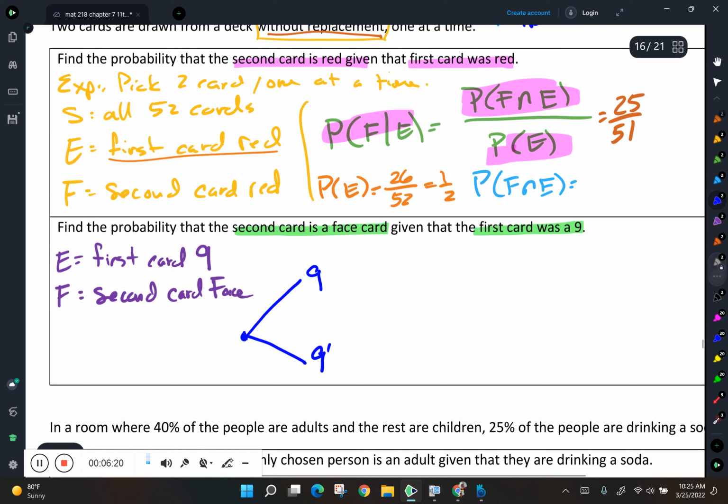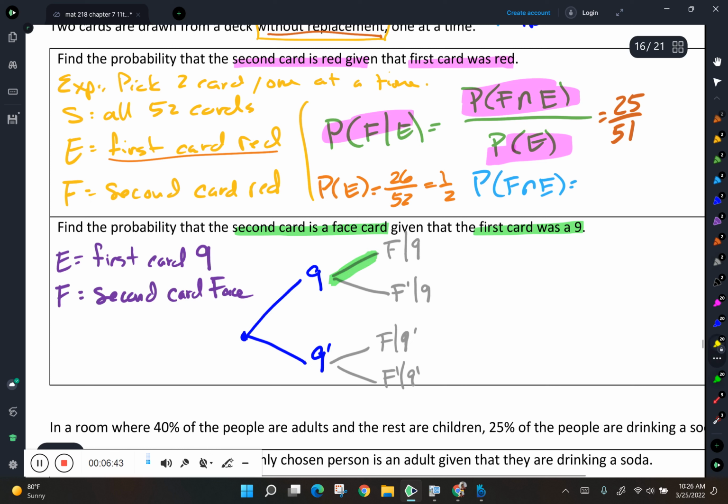My second set of branches is either going to be a face card given that it was a 9, or not a face card given that it was a 9. Then these branches down here would be face card given that it was not a 9, and not a face card given that it was not a 9. But this is the branch that we care about.